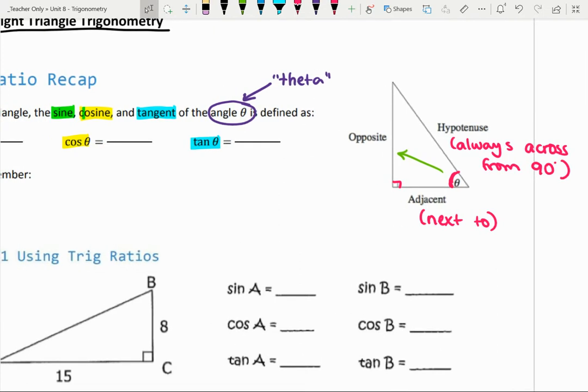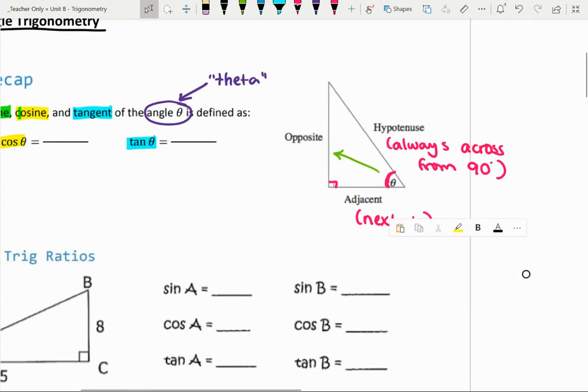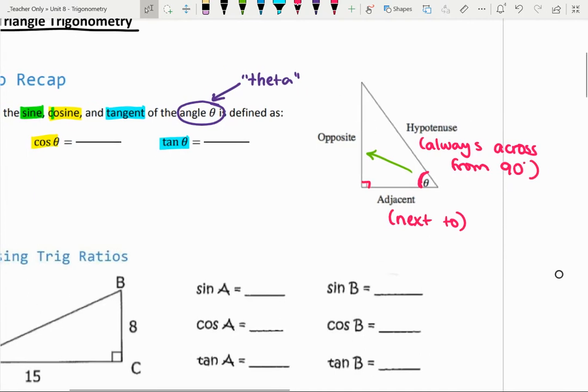So we're reminding ourselves of those terms, the hypotenuse, the opposite, and the adjacent side, and how they relate to an angle. It's never going to be that this side's always opposite, this side's always adjacent. It's relative to an angle.